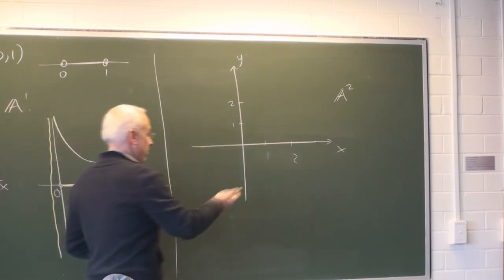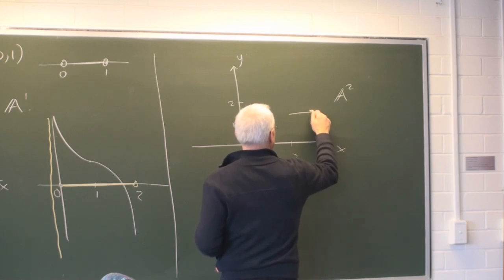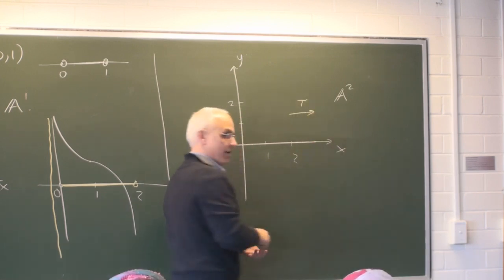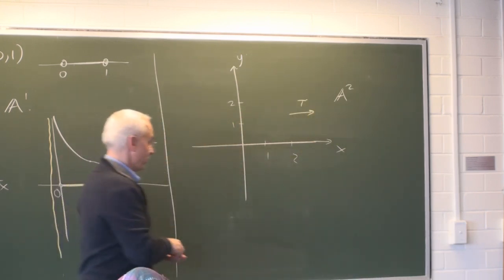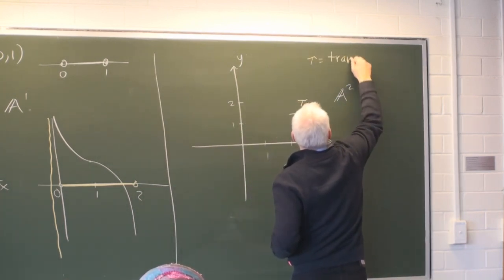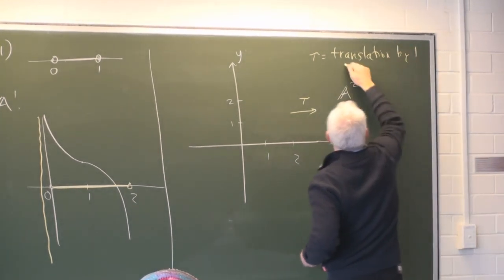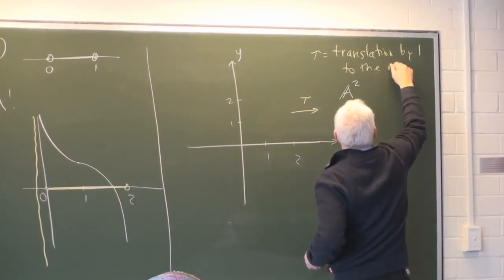Translation, say to the right, by 1. So let's call that tau. All right? We've seen that map before. So tau is translation by 1 to the right.